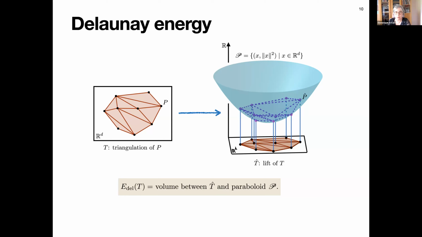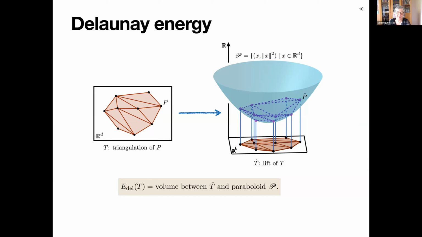We are considering a paraboloid in R^(d+1), whose equation is given above here, which is the graph of the map whose function is the square of the point.